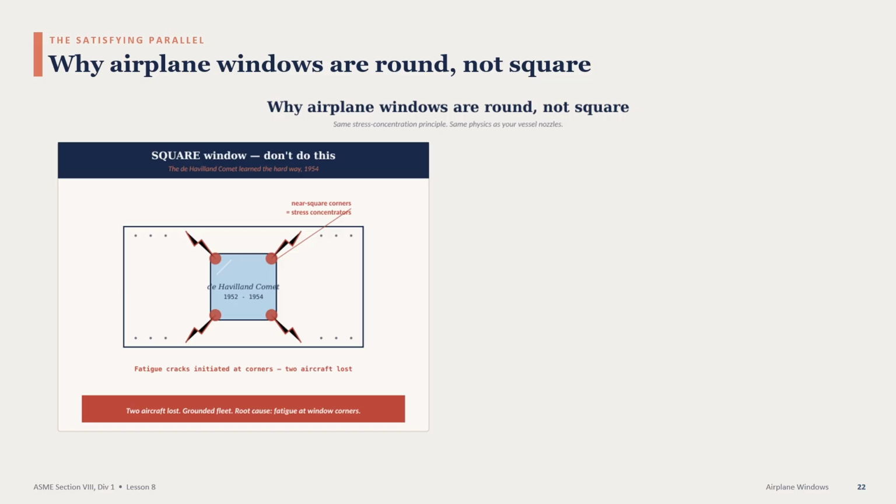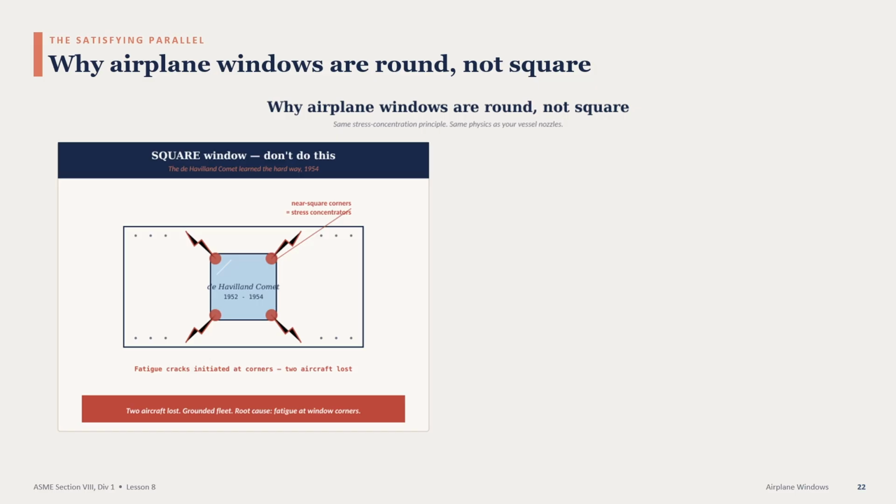Exactly as we said. Cycle after cycle, cracks initiated at those corners. In 1954, two Comets broke apart in flight due to fatigue failures at window corners. The entire Comet fleet was grounded.